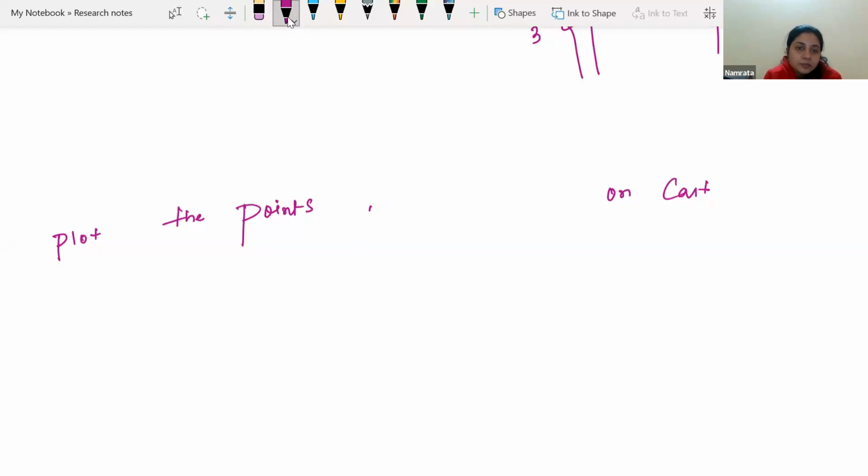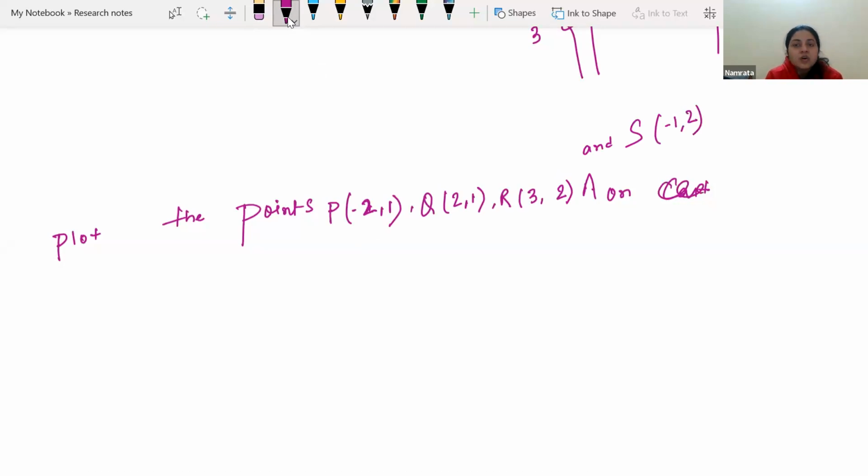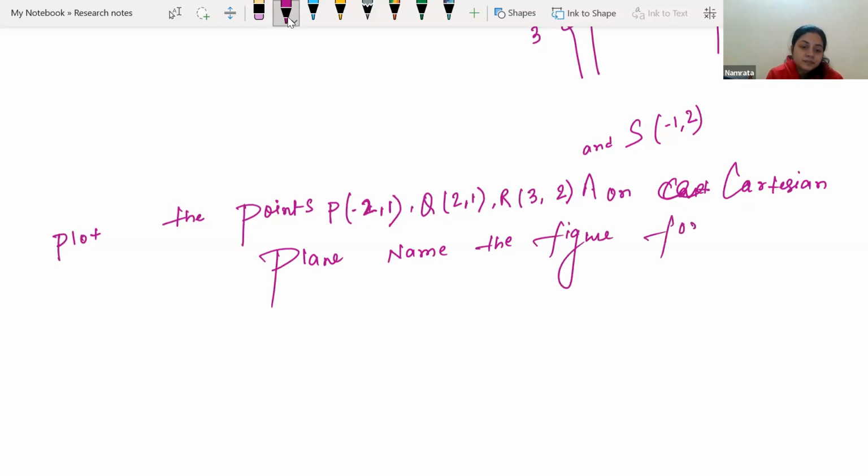Plot the points P (-2, 1), Q (2, 1), R (3, 2), and S (-1, 2) on the Cartesian plane. Name the figure formed by joining these points.